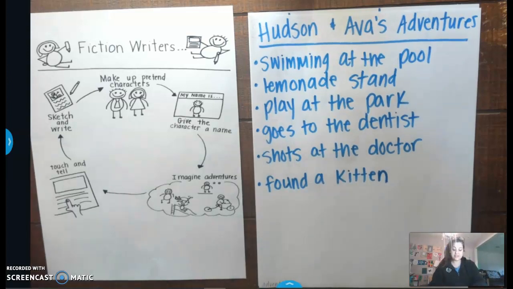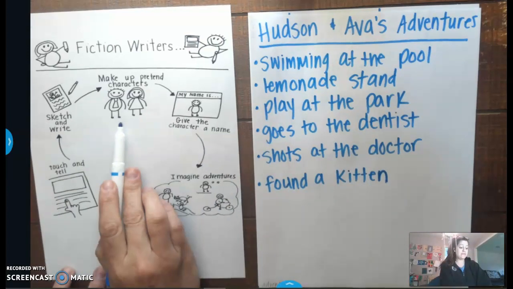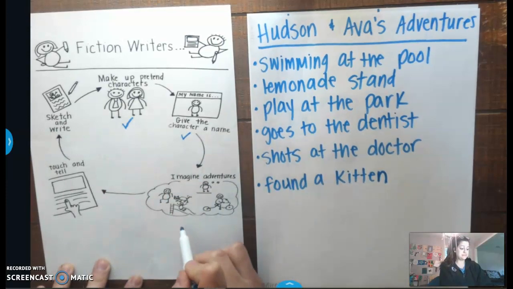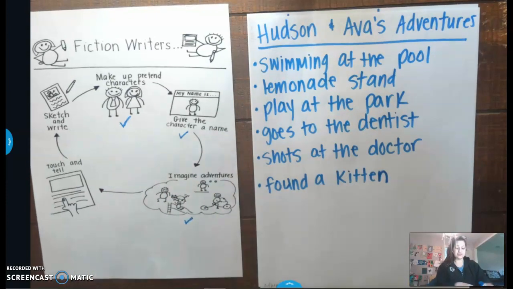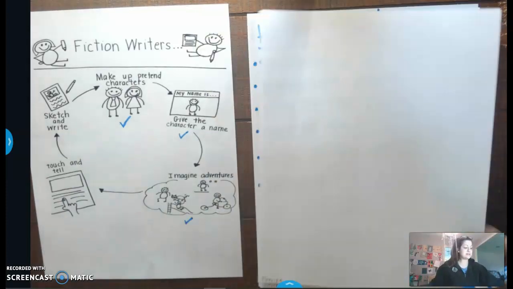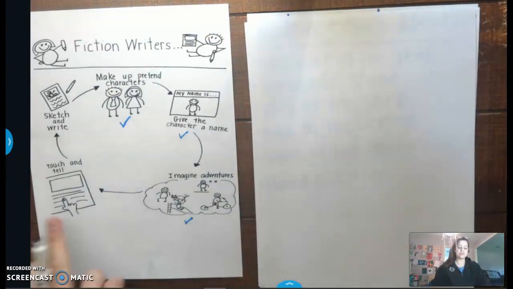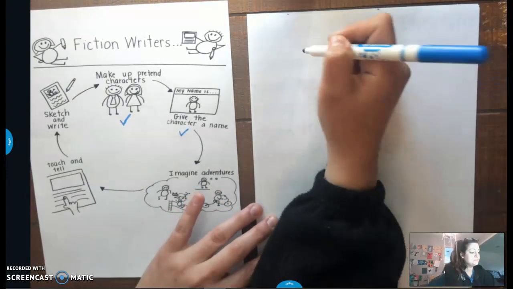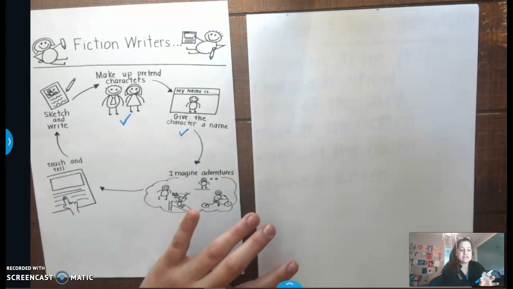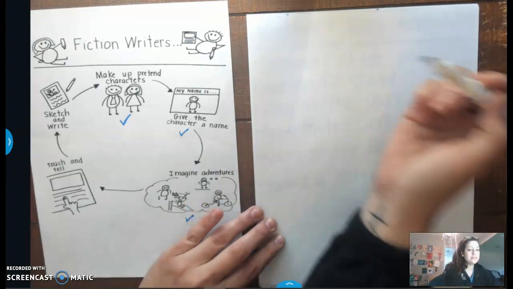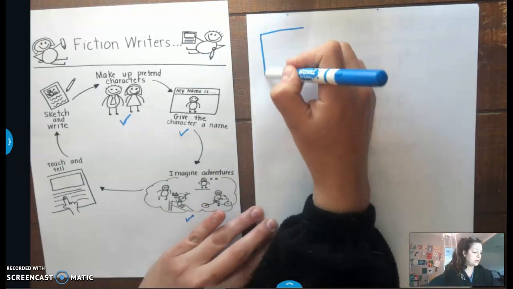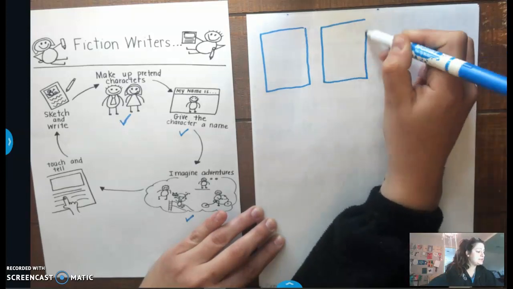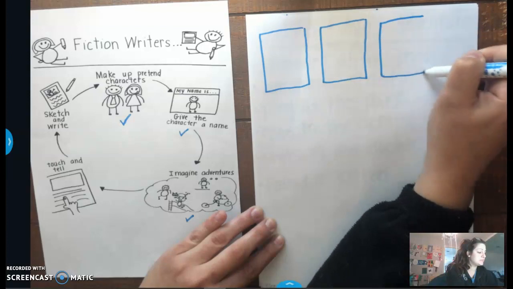Okay, so next we have our characters, their names, their adventures. Next, we're going to plan it out and do our touch and tell. So here's kind of the sketching part or the planning part. We're going to draw. These are going to represent the pages.